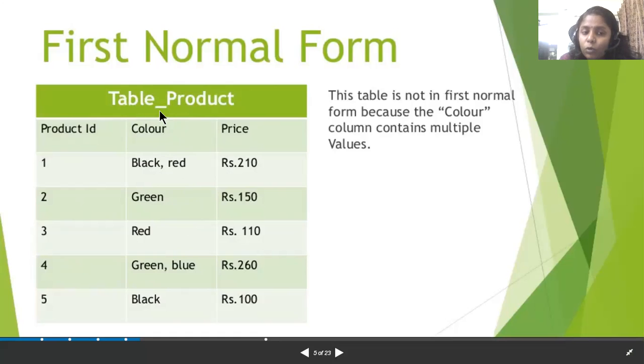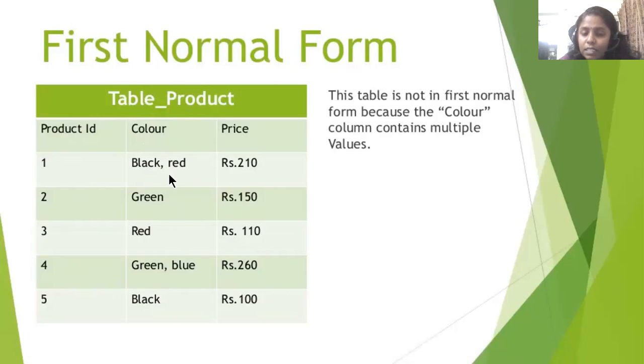If we understand that this product table is not normalized, then the next step is that we have to normalize the table into the first normal form.